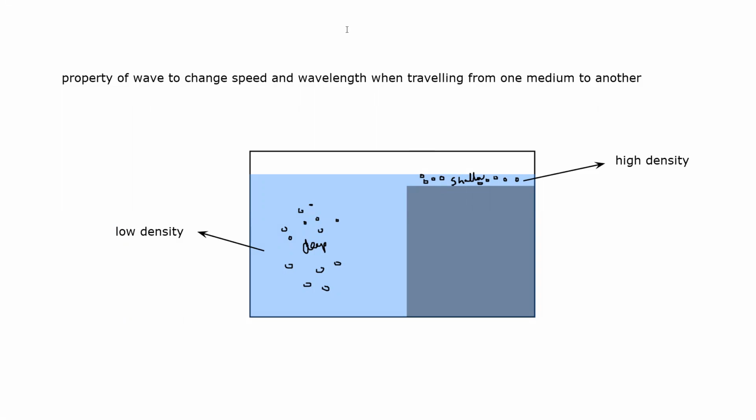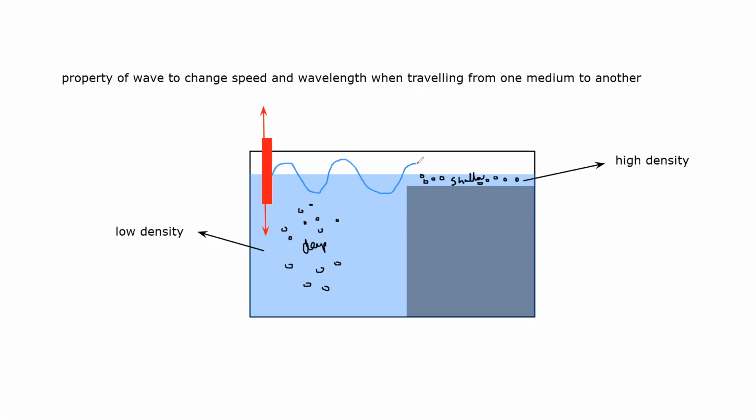So when we produce water waves, what do we observe? If I produce a disturbance at this point and move this object up and down, it produces a wave. In a deep region, the wave is traveling faster.